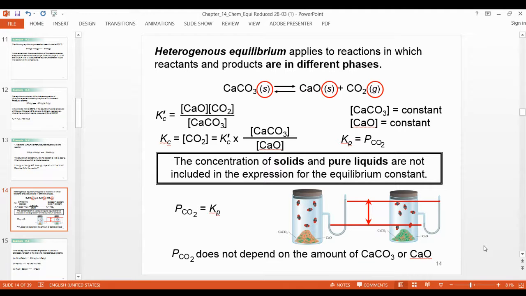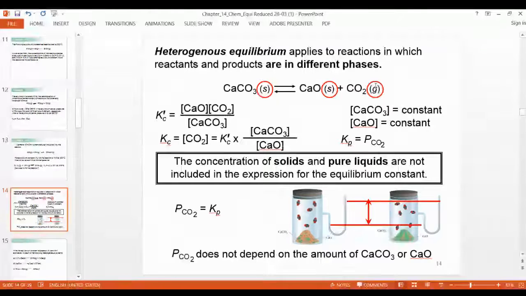Sometimes solid and gas, sometimes solid and liquid, sometimes gas and liquid, sometimes solid and aqueous. This applies to a reaction in which the reactant and the product are in different phases.